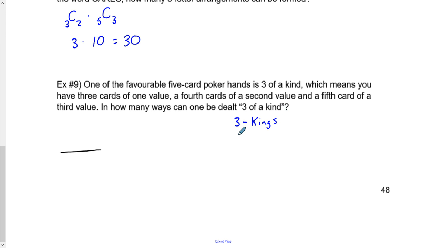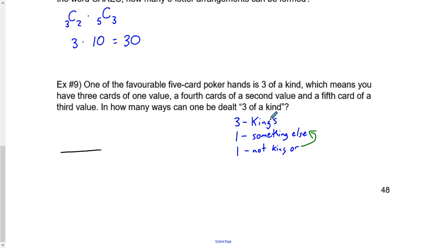But after that, we'd have to have 1 of something else and 1 that's not a king, or whatever that is. If it's the same as what this is, then you have a full house and you have a considerably better hand than just a 3 of a kind.